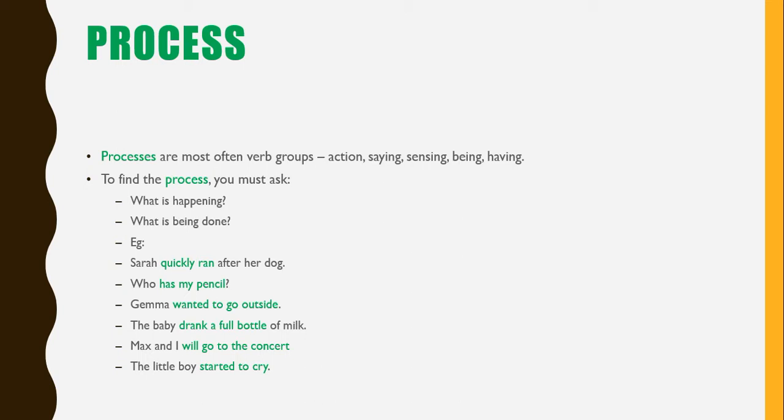Gemma wanted to go outside. The baby drank a full bottle of milk. Max and I will go to the concert. The little boy started to cry. So remember about the verb groups: the action, what is being done, what is being said, what is happening. That is the process.